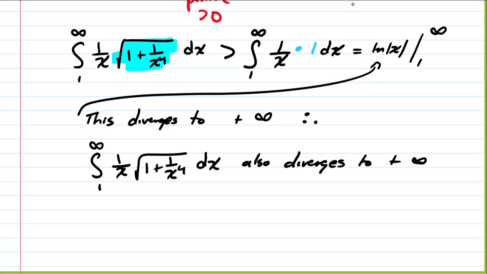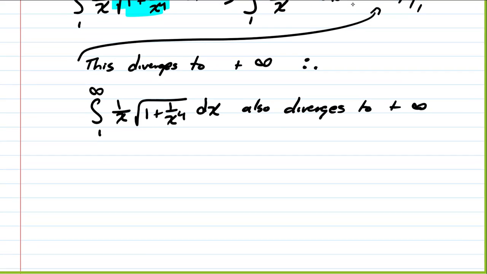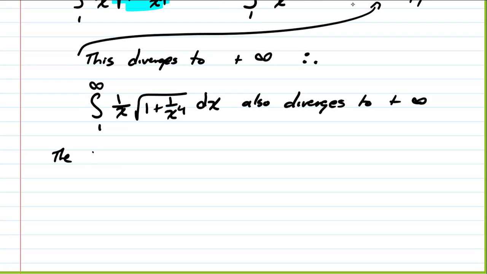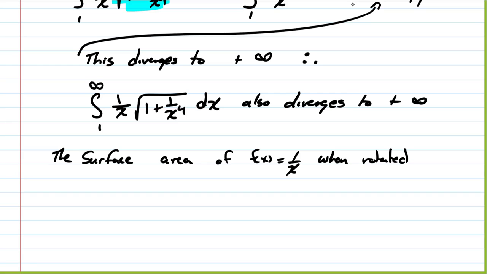So then what does that tell us about the surface area? So the surface area of f of x equals 1 over x when rotated about the x-axis is infinite.